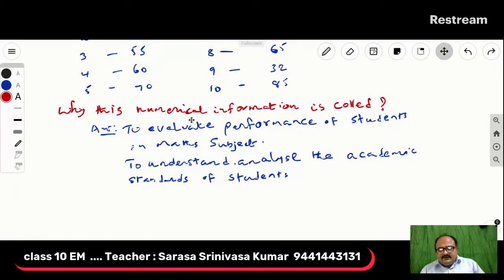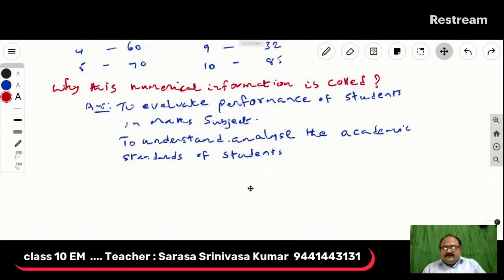So this numerical information has a definite purpose: to evaluate the performance of students in a mathematics subject, and to analyze the academic standards of the students and their learning levels.